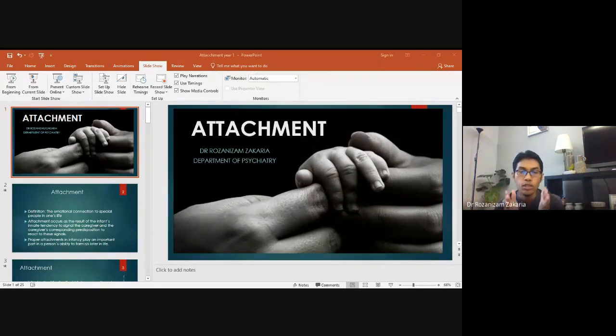So for example, once you attach with your mother, you attach every day, every month until you grow up. So that's attachment. But transference is dynamic, it changes over time, over days, over periods, over interactions. So it's not the same. We often mention transference in psychotherapy. We don't talk about transference in relationships as much.